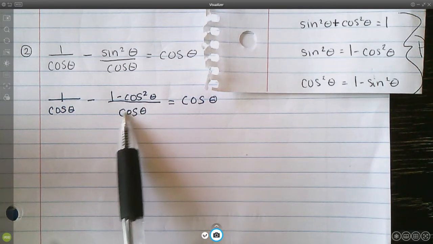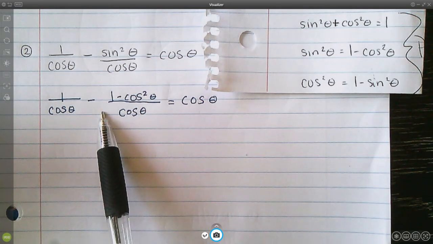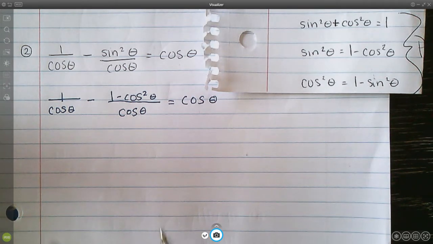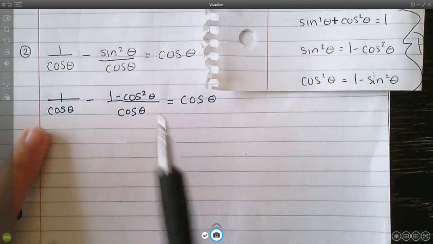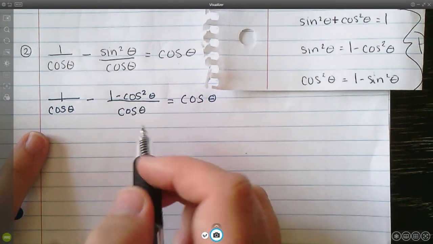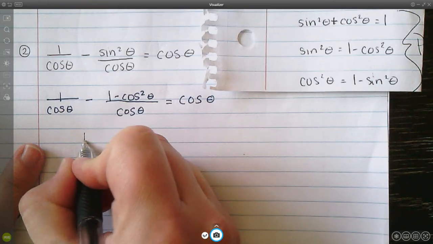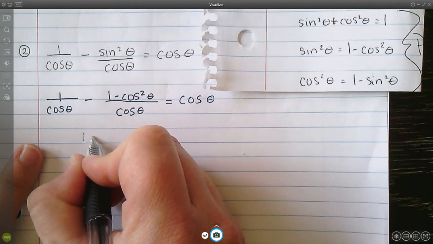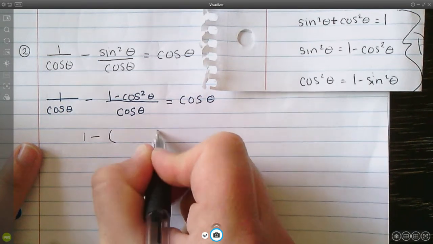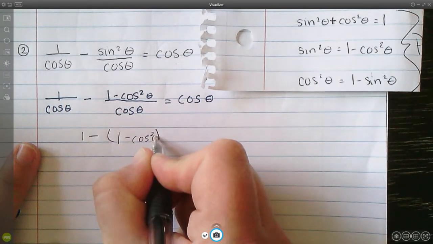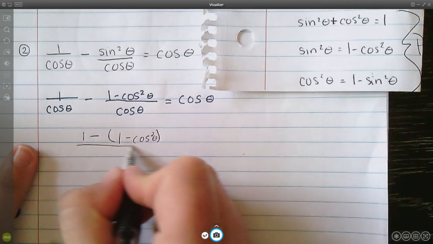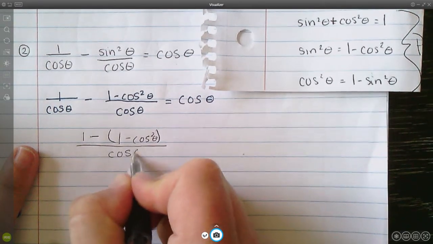Do you notice anything that we can do over here? Well, so we have a common denominator, so we have cosine theta here. So we can actually add these together. So we have 1 and then minus 1 minus cosine squared theta over cosine theta.